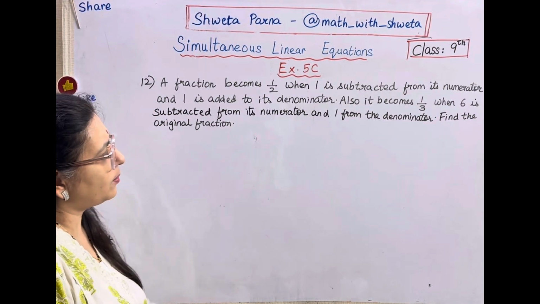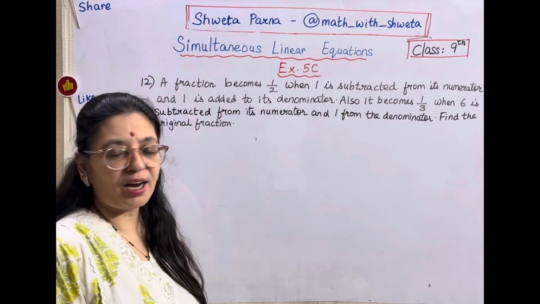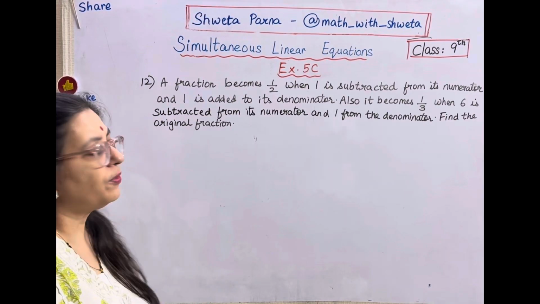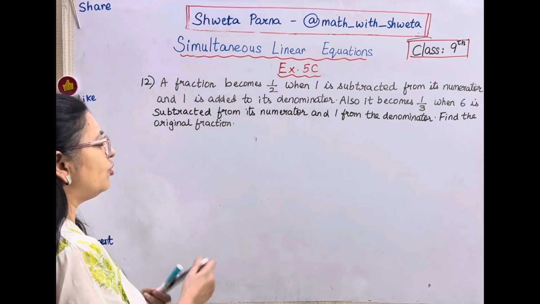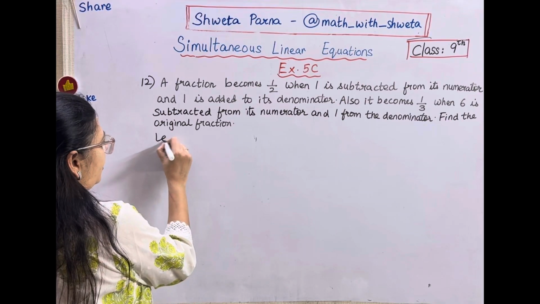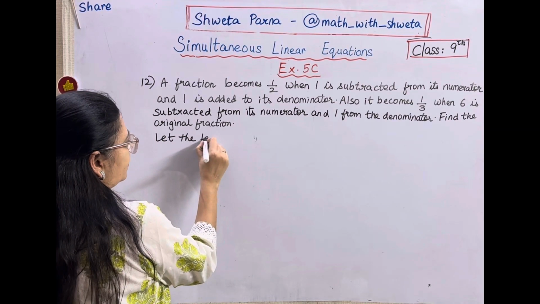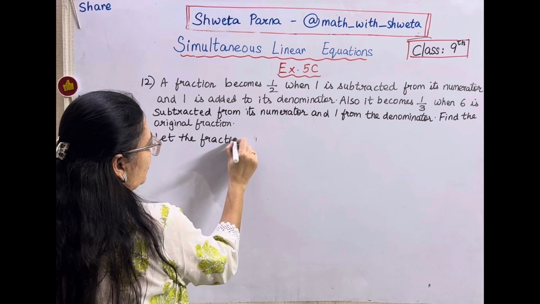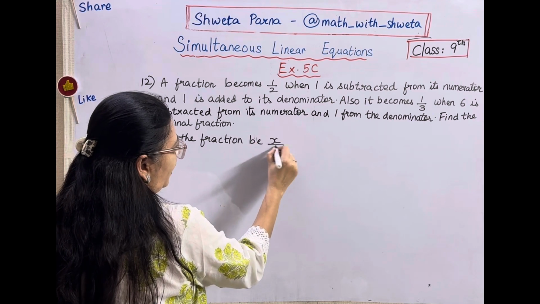A fraction becomes half when 1 is subtracted from its numerator and 1 is added to its denominator. So let's take the fraction. Let the fraction be x upon y.